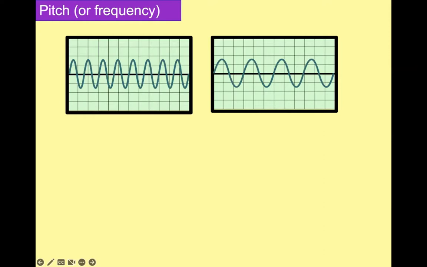High pitch basically means the sound wave is very packed. But this one is very slow and low. So this is a low pitch sound wave. So a high pitch sound, a low pitch sound.